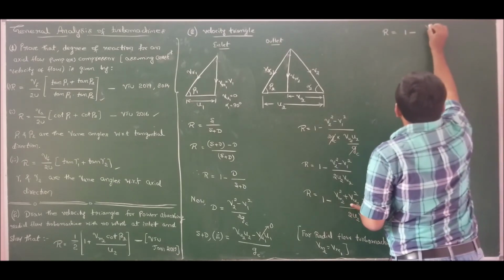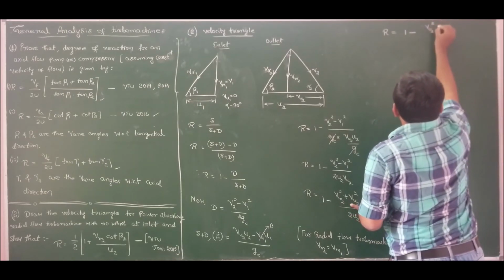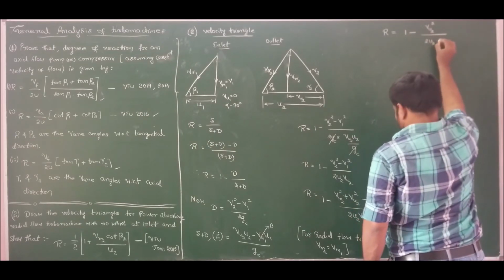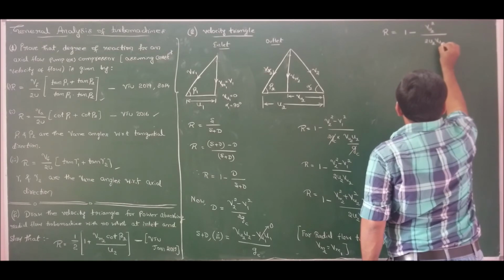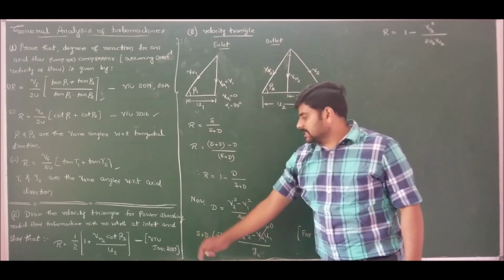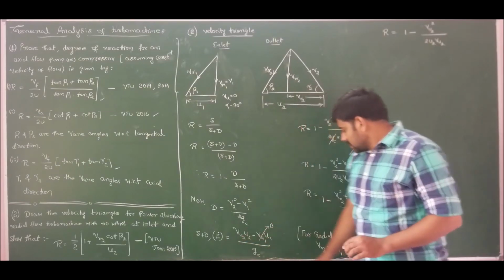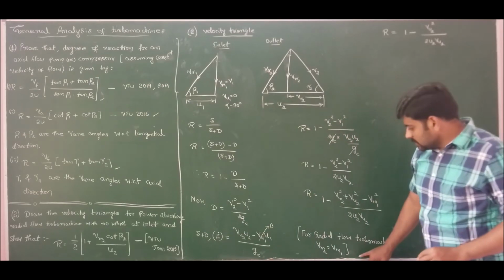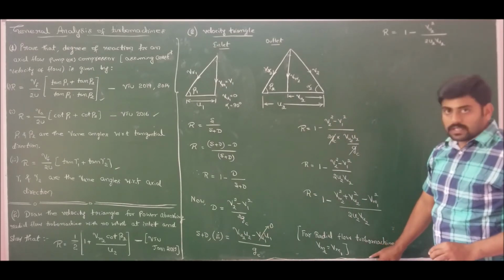I am left with Vu2 square by 2 U2 Vu2. Actually, this condition should be specified in the question, but he has missed it while asking in the VTU examination. If not given, can we assume this condition? Without this condition, we cannot solve.